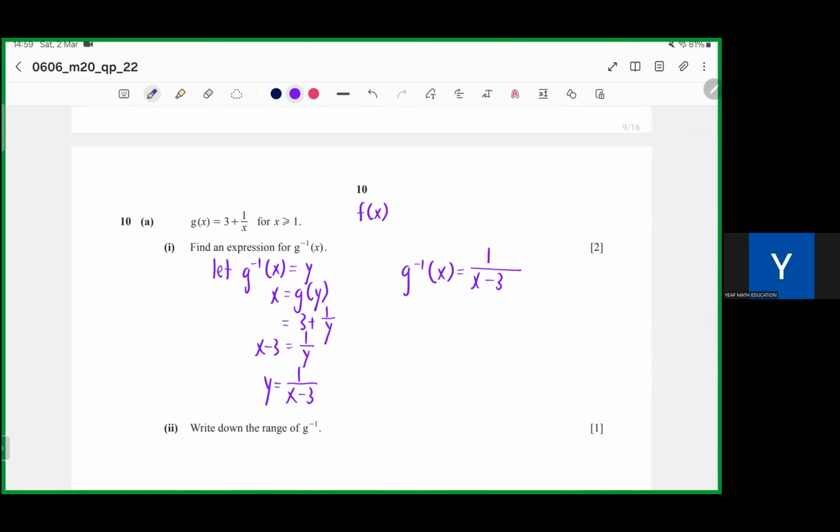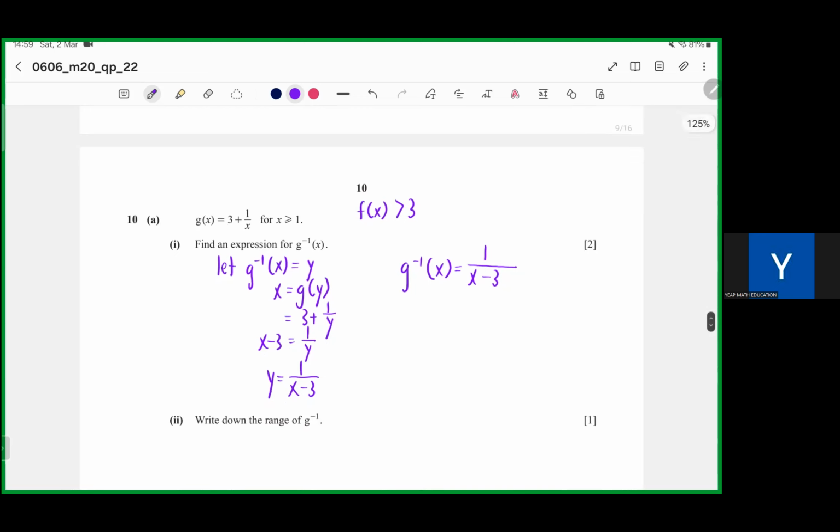So your f(x) should always be more than 3, because if you learn the reciprocal functions here, it means shifting 3 units.